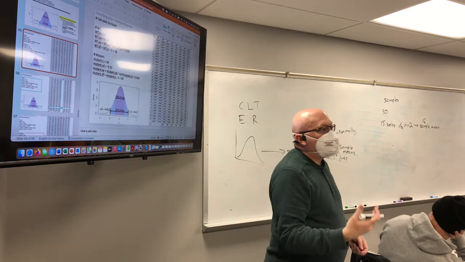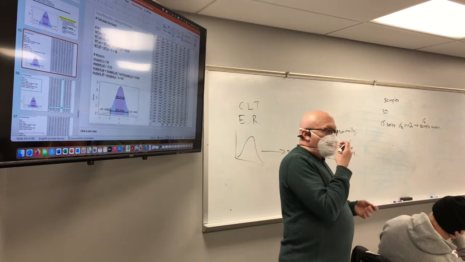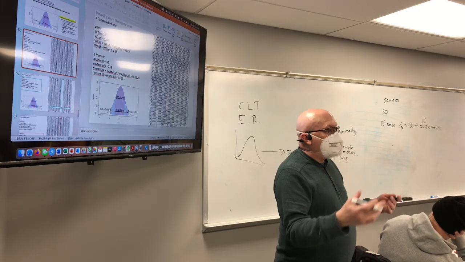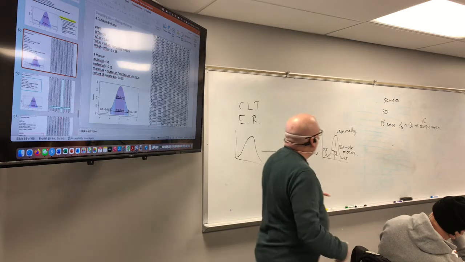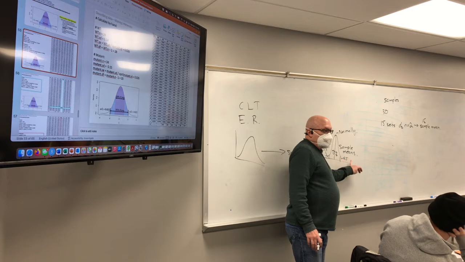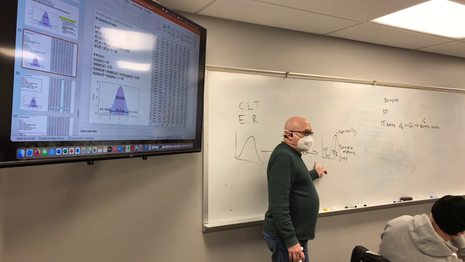If you're testing a hypothesis where you don't know if it's directional or not, you don't know if you're looking for a difference where A is bigger than B or B is bigger than A, it could be that a mean is different from this mean because it's over here, or it could be that it's different from this mean because it's over here.